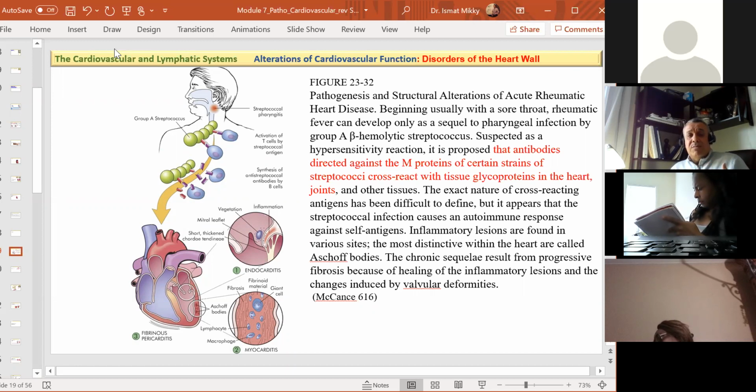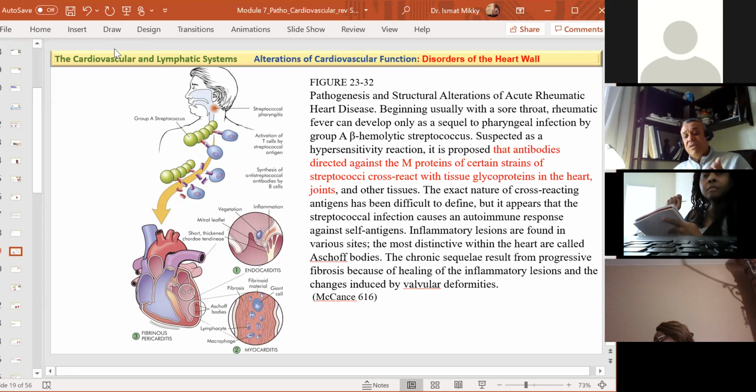it is believed that the scientific basis of this is a suspected hypersensitivity reaction or response. It is proposed that the antibodies are directed against the M proteins of certain strains of streptococci, which means the streptococci will attack the valve leaflets and result in inflammation.